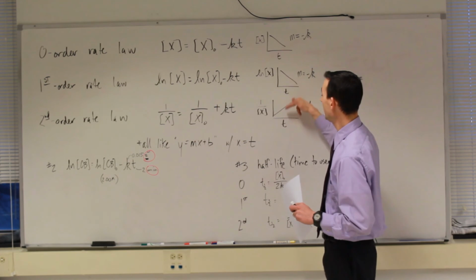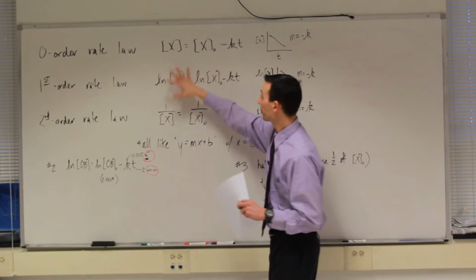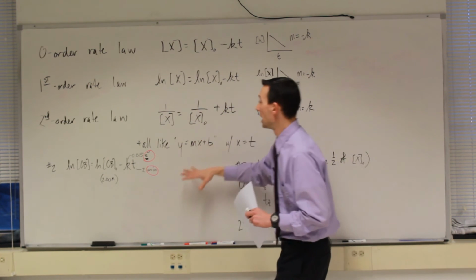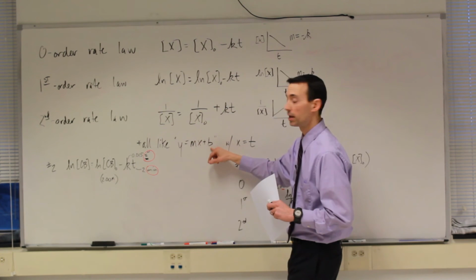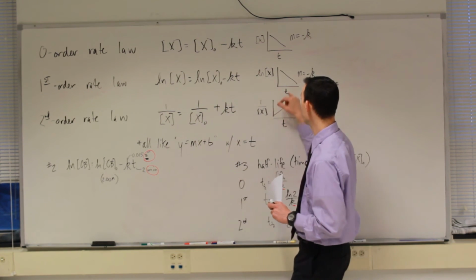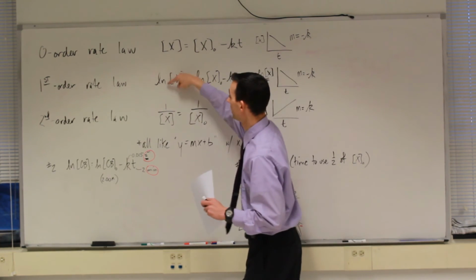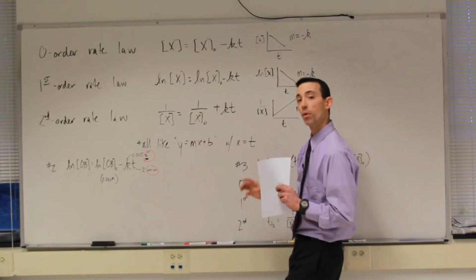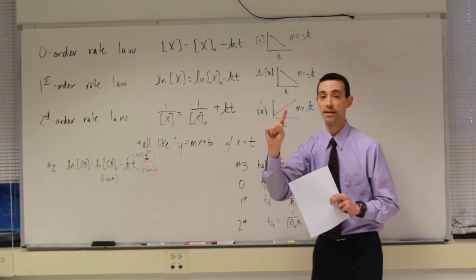In each of those cases, one of the reasons we would make this graph is because all 3 of these forms here are very much like a y equals mx plus b, when x is the time variable. And there's something different on the y-axis in each of these 3 cases. But what's really important about this is not only one can be true.